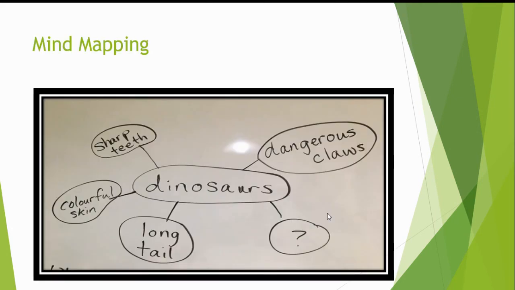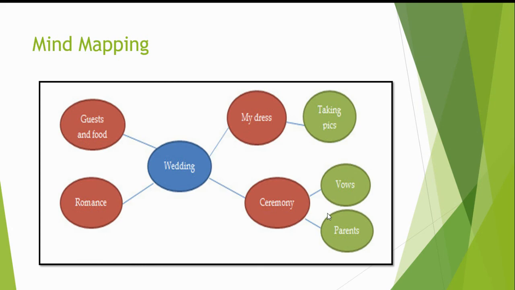So here I bring a mind map, because I want to relate this topic to the principles of writing. It's all about your thinking, it's all about your preparation before starting a writing.